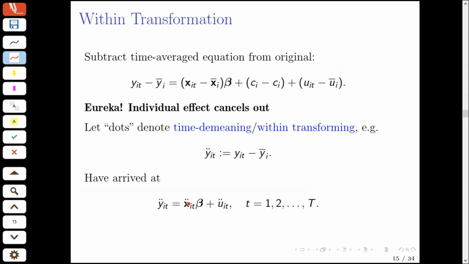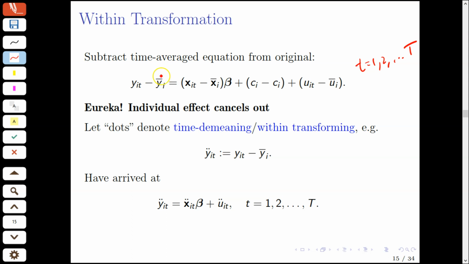Hence, if we take our original equation and subtract this time averaged equation in any period, say 1, 2, all the way to capital T, we arrive at a time demeaned equation.